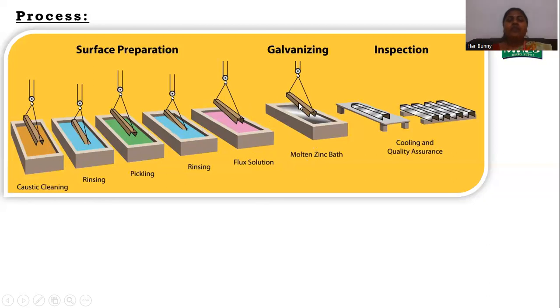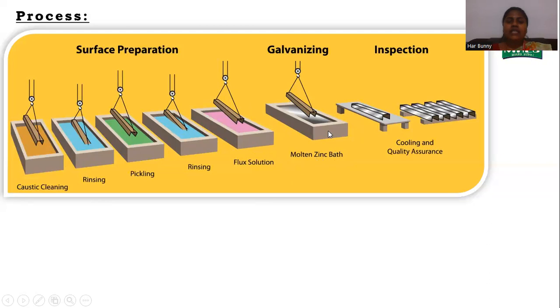Here, in the galvanization process, we have a molten zinc bath. The metal is dipped in a hot molten zinc bath, which is at a temperature of 425 to 430 degrees centigrade.